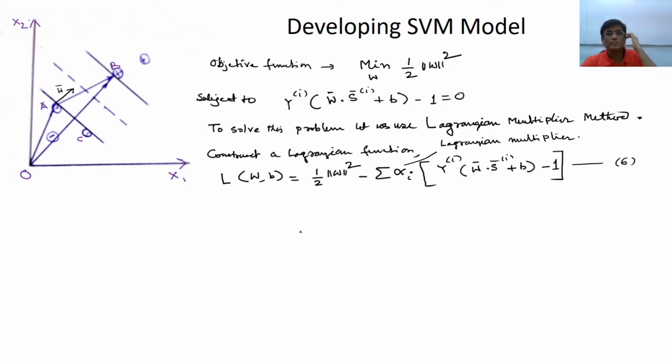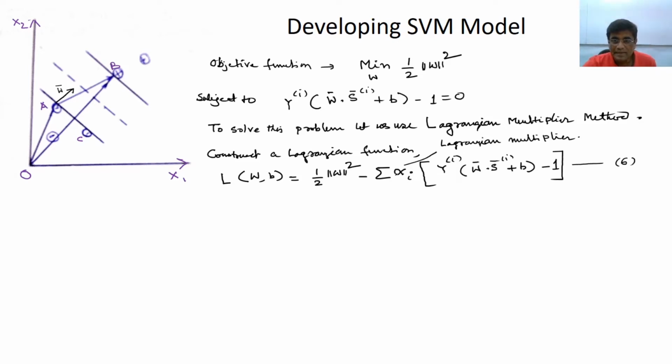So what we have done, you please see, we have constructed a function L where we have taken everything, the objective function and the constraint, but in front of the constraint we have multiplied by a parameter alpha i, which incidentally is called the Lagrangian multiplier. And if you look deeply here, this constraint equals 0.